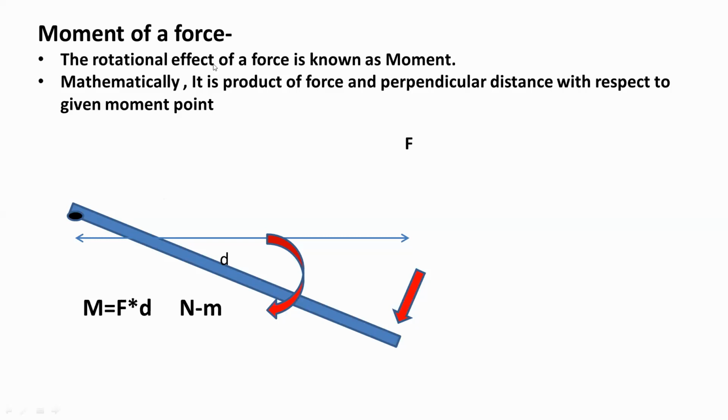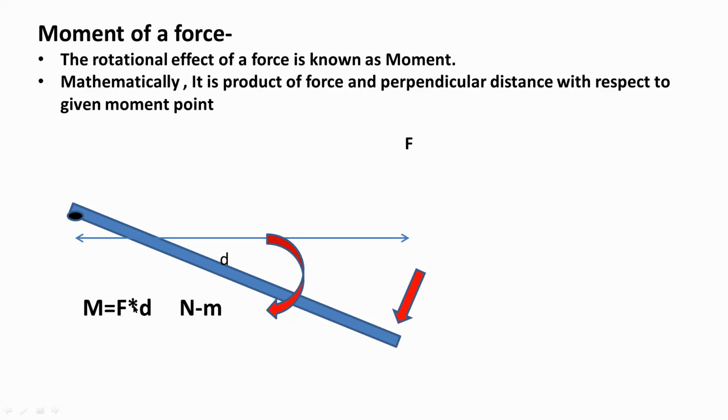The moment is a rotational effect of the force, and mathematically it is expressed as the product of the force and the perpendicular distance with respect to the given moment point. So M is equal to force into its perpendicular distance with respect to the given moment point. The force unit is Newton, and the distance unit is meter, so Newton meter is the moment unit.